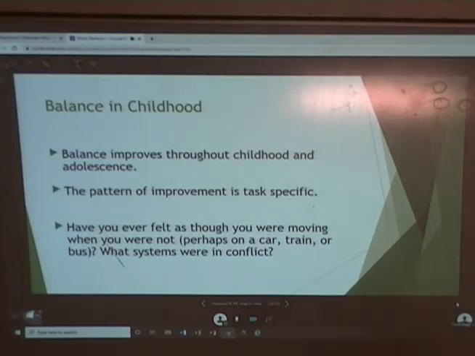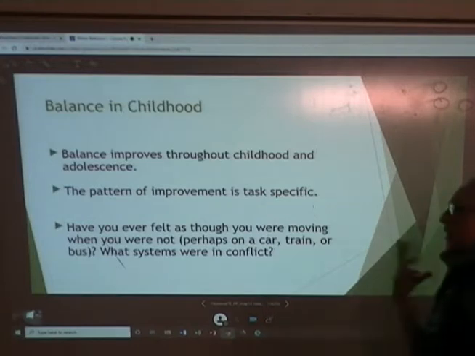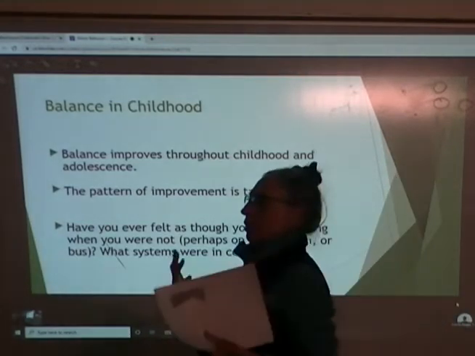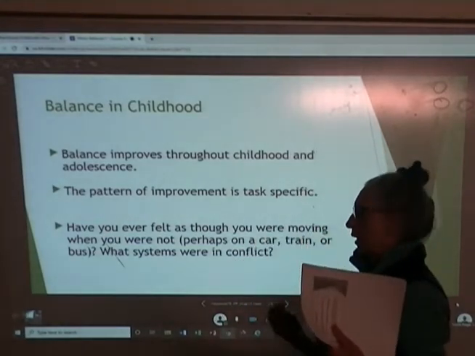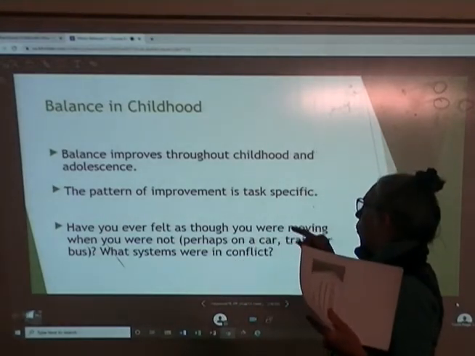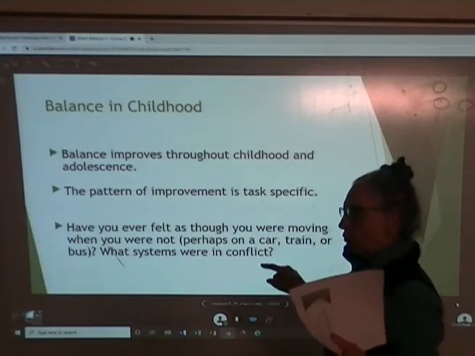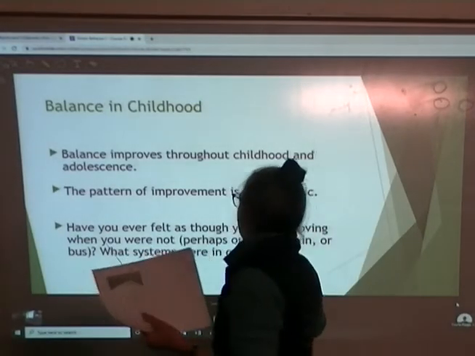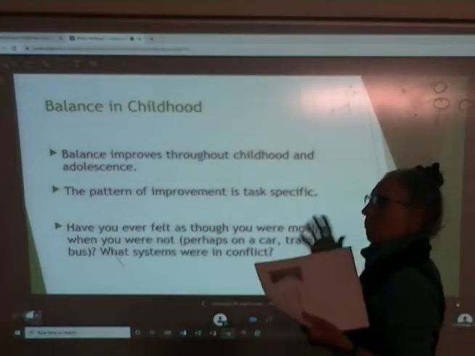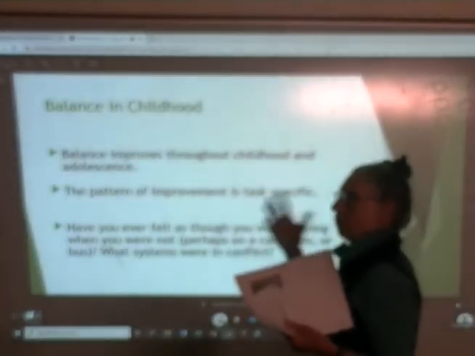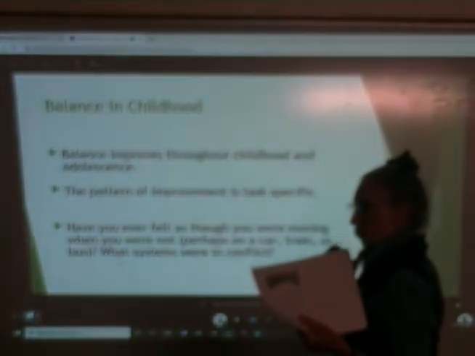And I think we discussed this in chapter 9, right? Think about all the different sensory experiences and sensory information that you're receiving. Which systems are in conflict when you feel like you're moving because the car or the train or the plane next to you starts to move, right?